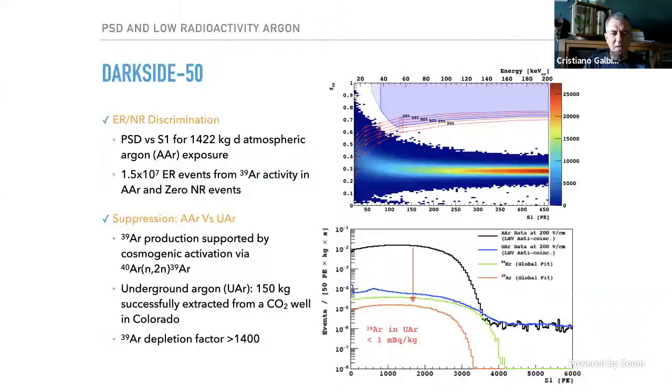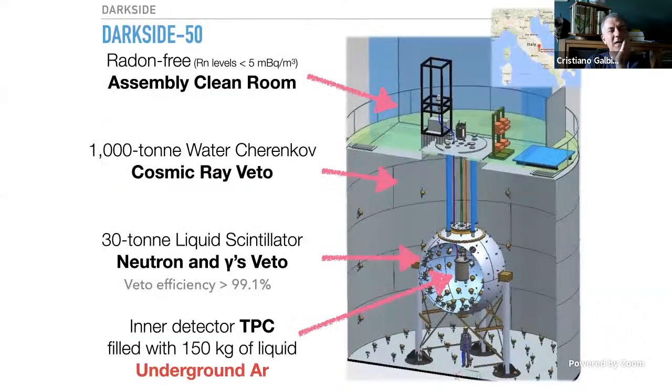Before I move forward to DarkSide-50, let me spend a couple of words on the scintillator technology. Here the problem was reducing background from neutrons, and there was a very interesting idea on how to approach this.